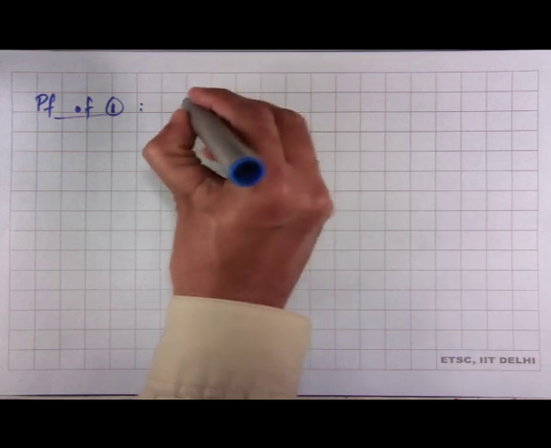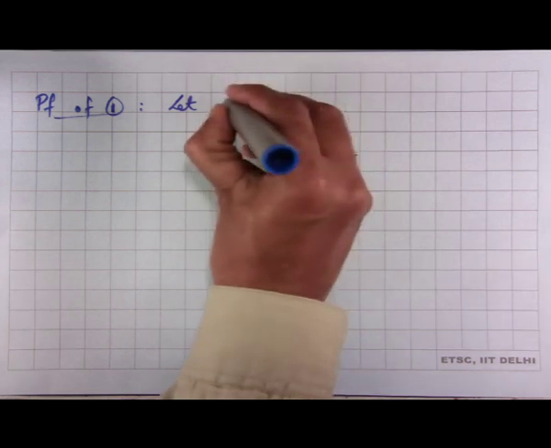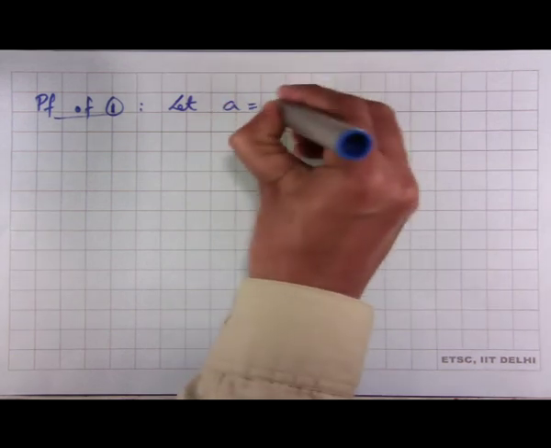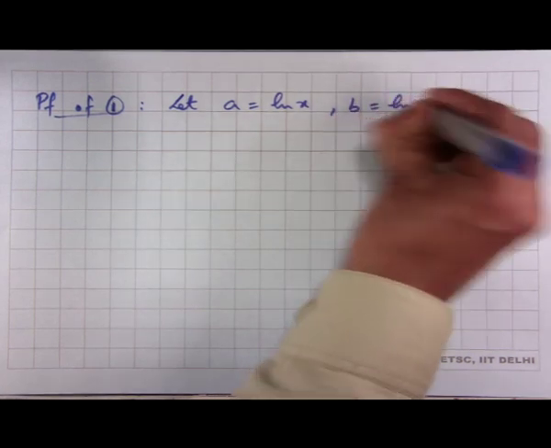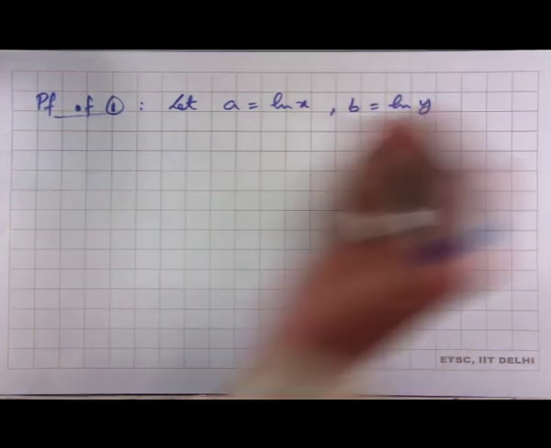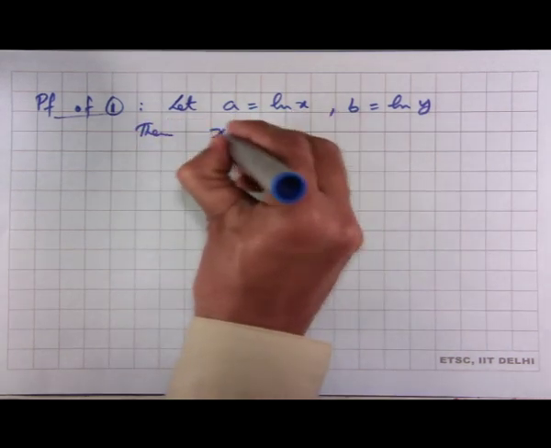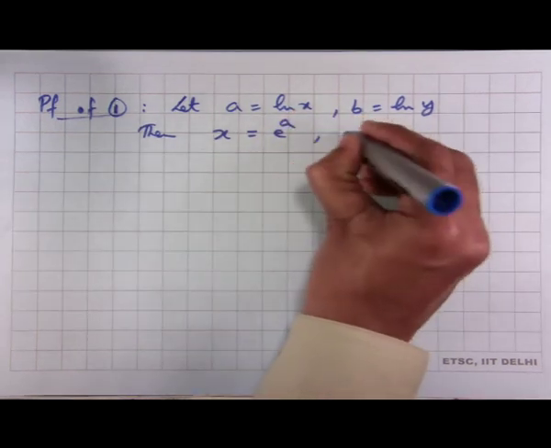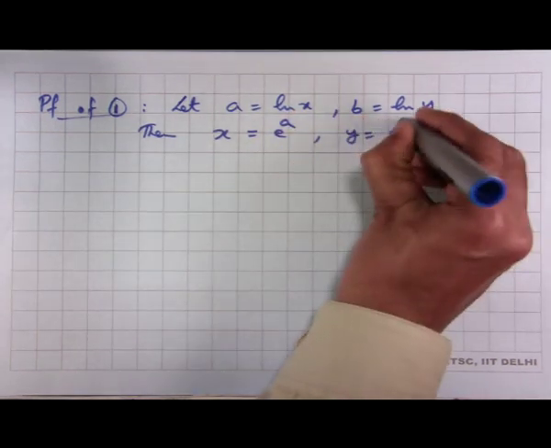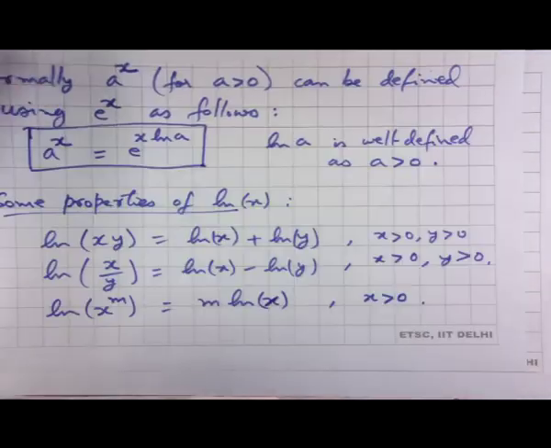Let a be equal to ln x and b be equal to ln y. Then what is x? x is equal to e to the power a and y is equal to e to the power b. And then we have to find what is ln of x times y.